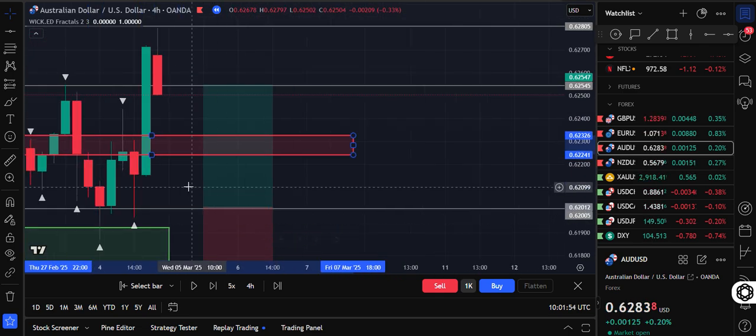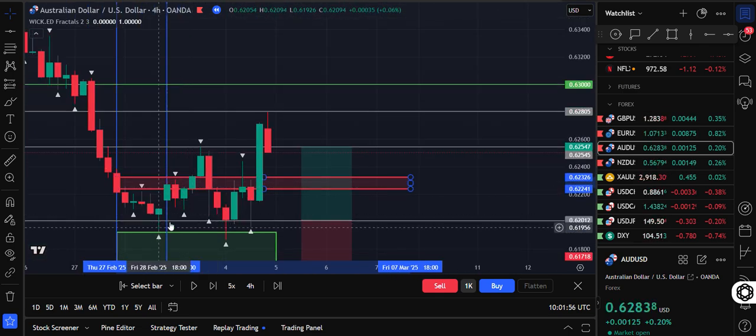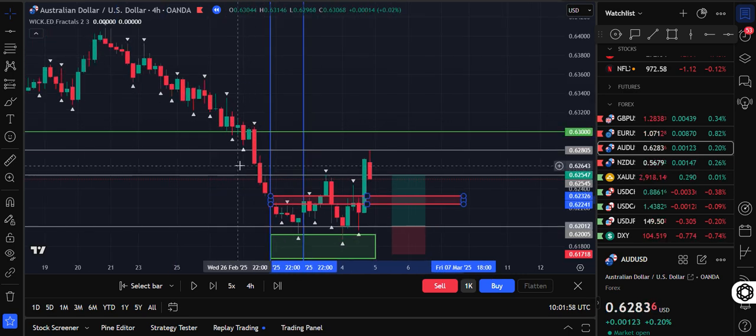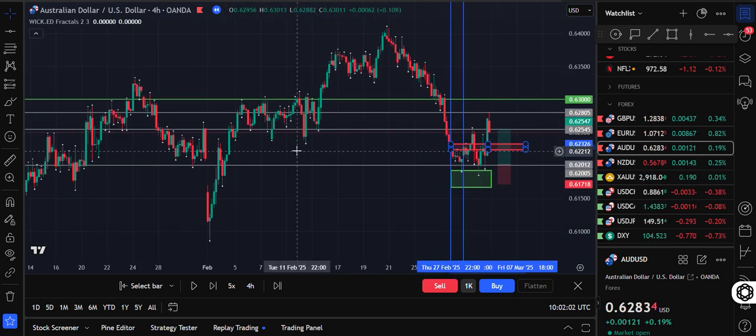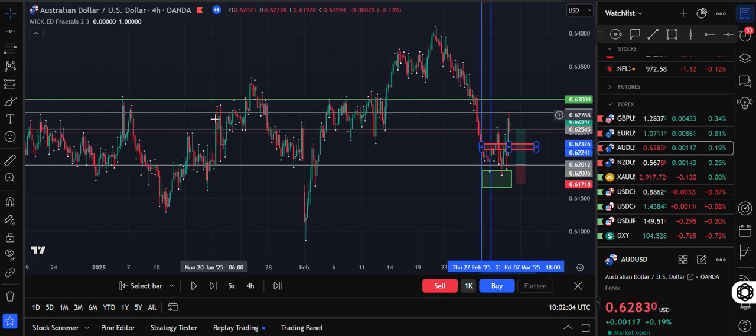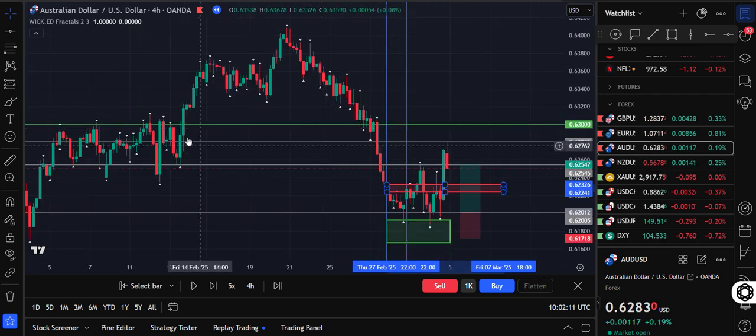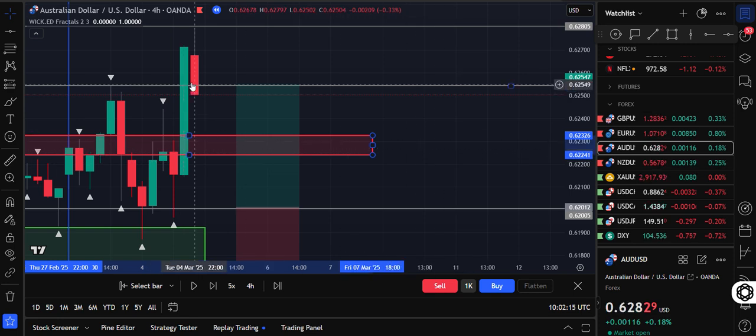So what I'll be looking for next, we found this rejection here, which is from this candle, where I've had similar touches here, here, here, here, here, and now here. So we are in a bearish candle on here.